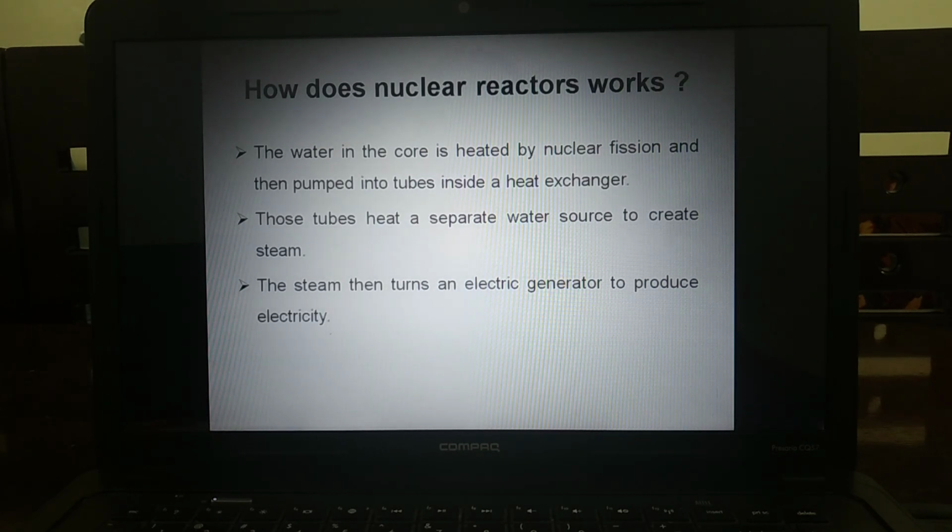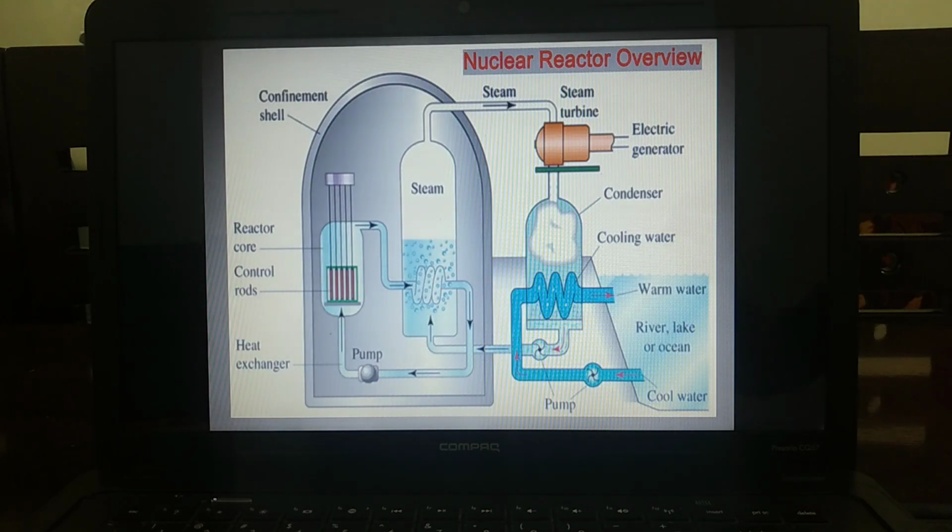How does the nuclear reactor work? The fuel rod initiates the nuclear reactions. The hot water comes out of the pressure vessel and enters a container with sea water. The sea water is boiled with the help of the hot water and steam arises in the container.